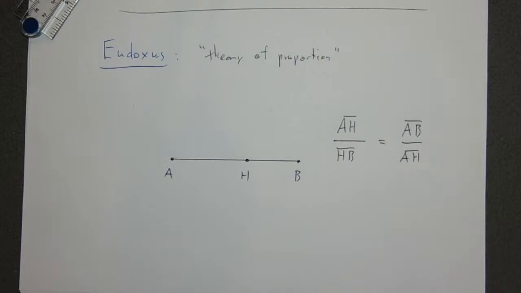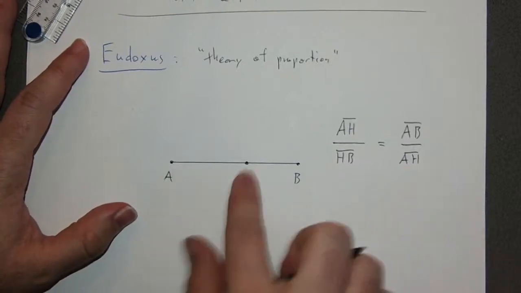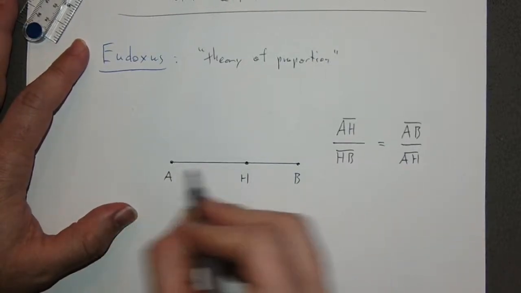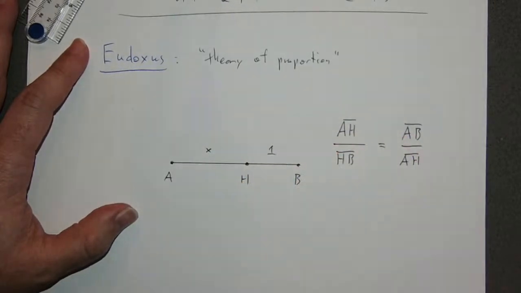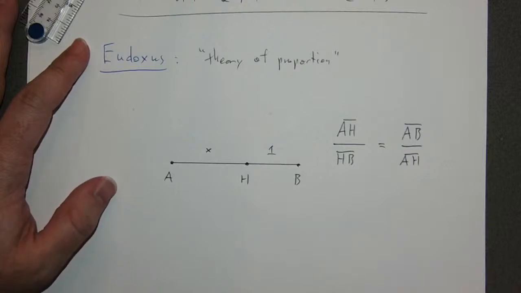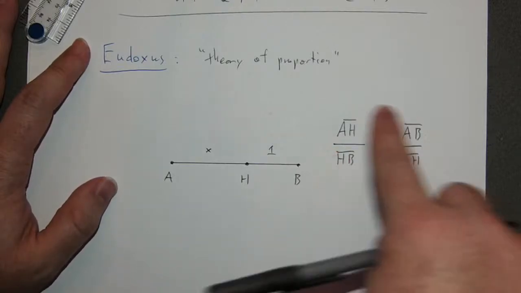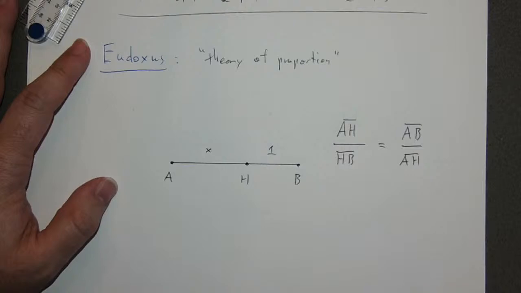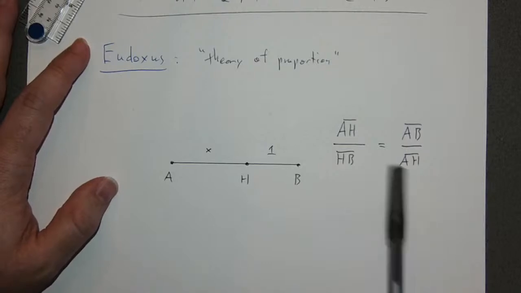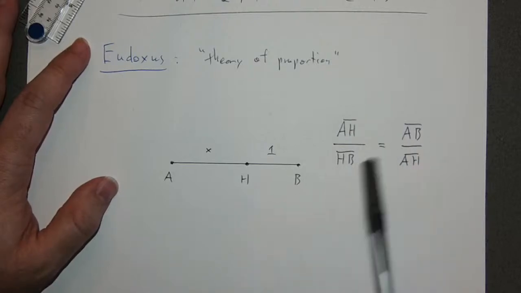Now, I set this up so that the quantity I want to find, how long out here I need to go, is x, while this is my unit 1. What does this mean in modern notation? If AH is x and HB is 1, let's do our modern thing and cross multiply and see what is going on here.